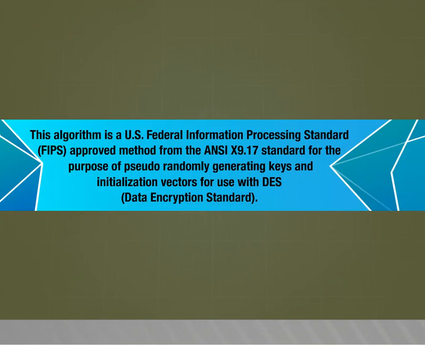This algorithm is a US Federal Information Processing Standard, FIPS, approved method from the ANSI X9.17 standard for the purpose of pseudo-randomly generating keys and initialization vectors for use with DES, that is, the Data Encryption Standard.